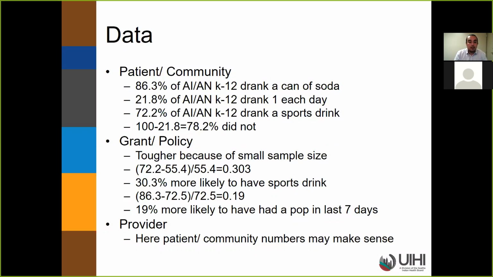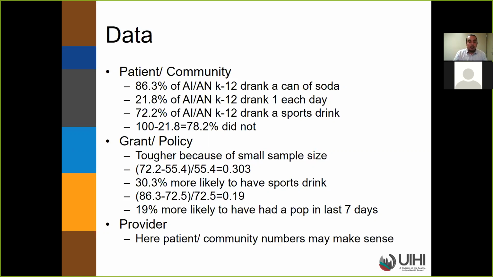7 days. Moving back to this strength-based idea and interpretation of data, we can take the total population, which would be 100%, minus the population endorsing having drank at least one soda in the last 7 days, and what we end up with is 78.2.